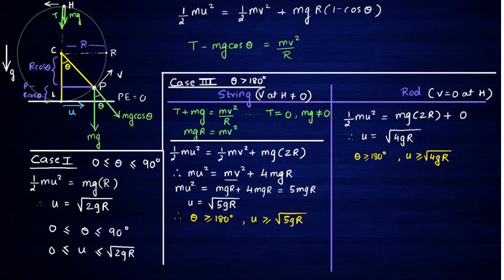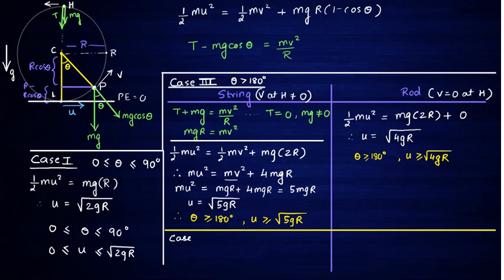So once we analyze case 3 in such a manner, then case 2 we can automatically get. How? Let us see that. So here, case 2, in case of a string, what is case 2?